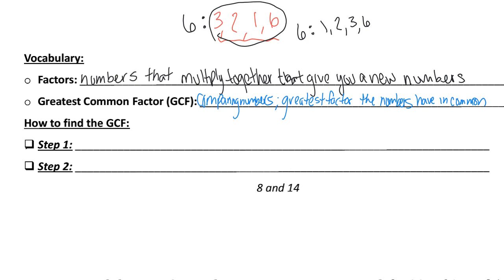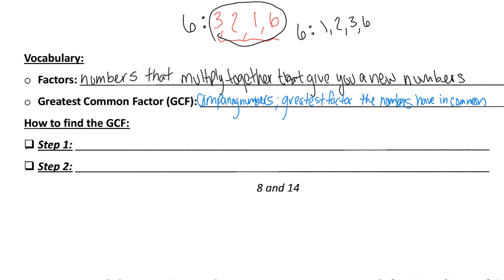Sorry, I wrote a little tiny. I was running out of room because I zoomed in too far. Okay, so when comparing numbers, you want to find the GCF, or the greatest common factor. You list out all the factors and figure out which one they have in common.